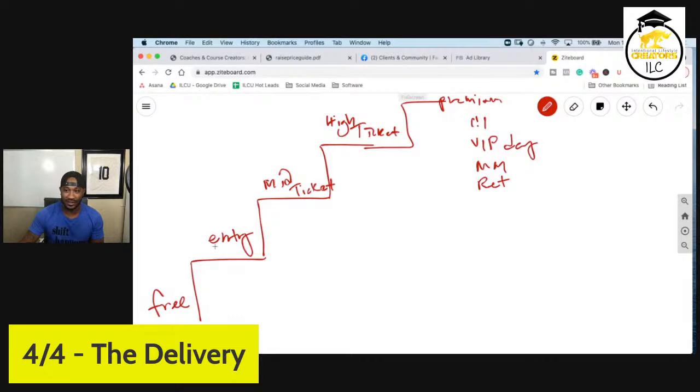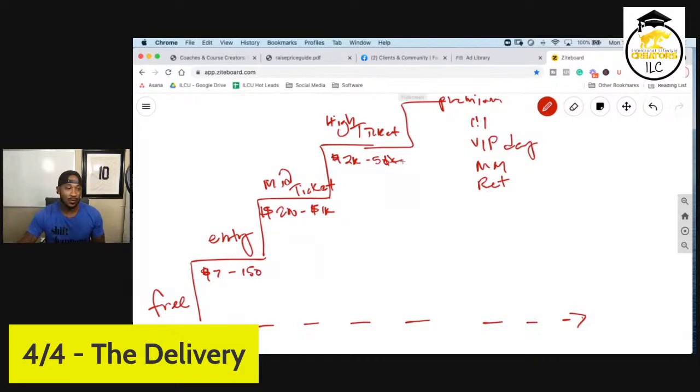It's free stuff, free content, all those things, free Facebook groups, all that stuff, right? Down here, you've got memberships, you've got subscriptions, affiliate products, things like that. Okay. And usually entry level starts at around like $7 to $150. Then you got mid ticket that can be anywhere from like 200 to 1,000, and high ticket can be anywhere from like 2,000 to 50,000 bucks.